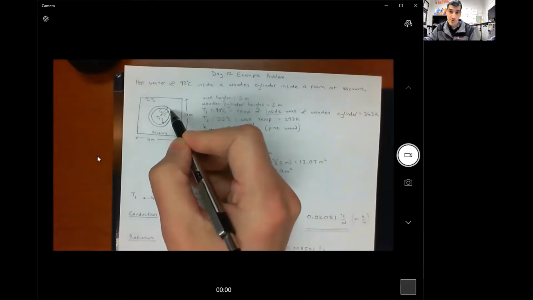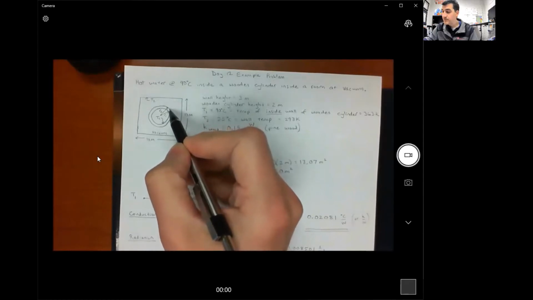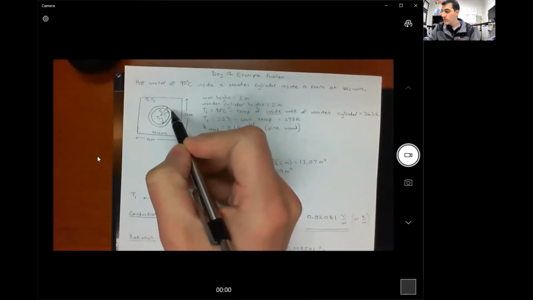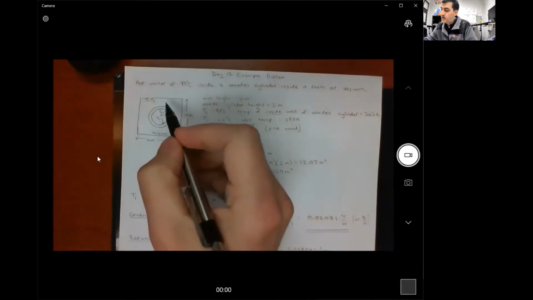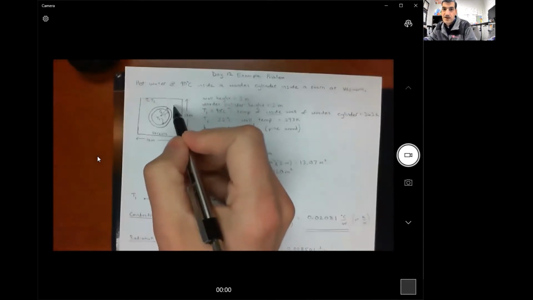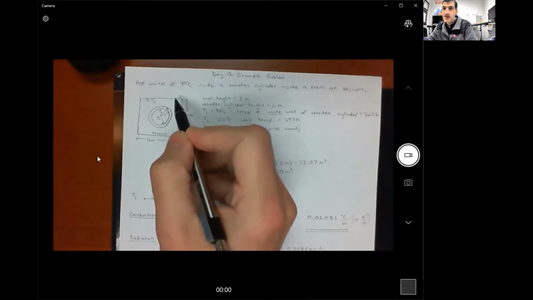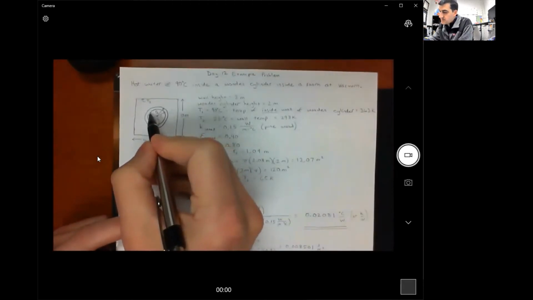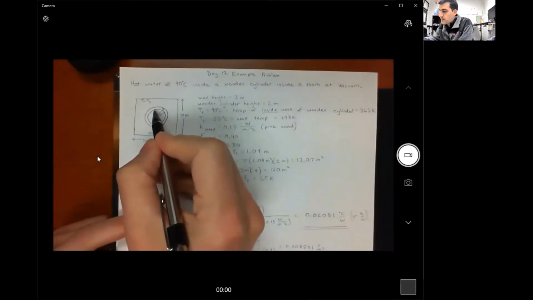And then if this was more realistic, we would have both radiation heat transfer from the outside wall of the barrel to the walls of the room, and we'd have convection from the walls of the barrel via natural convection or ventilation, forced convection, something from the walls of the barrel and then to the bulk air temperature, and then also from the bulk air temperature to the walls of the room. So we're simplifying this problem quite a bit by saying, all right, I actually know the temperature of the inside of the wall of the barrel.